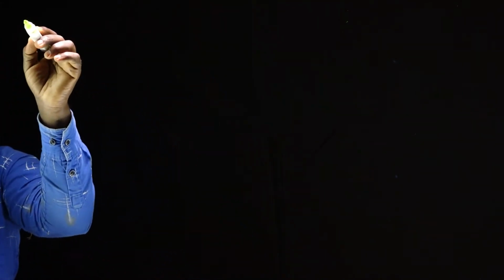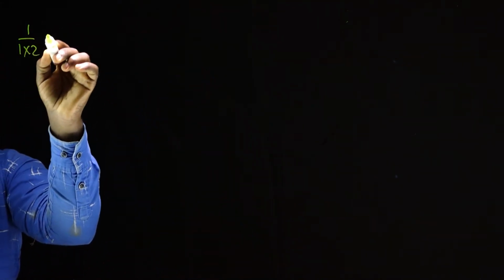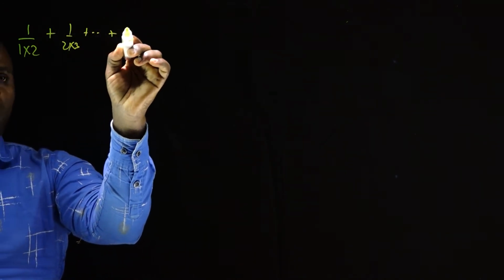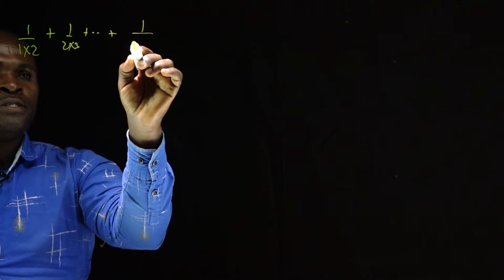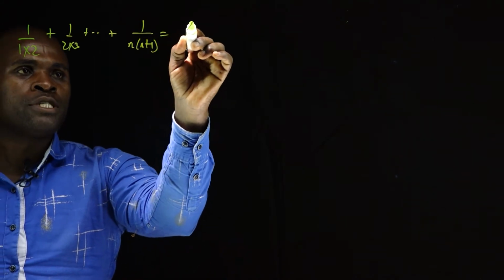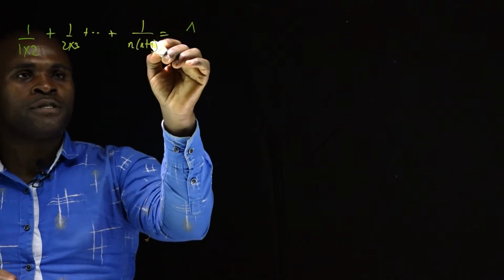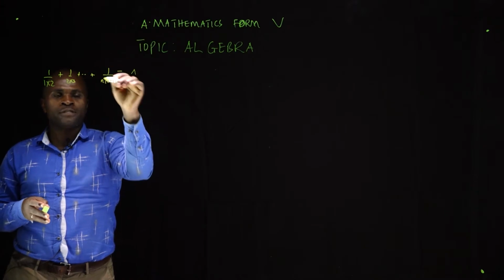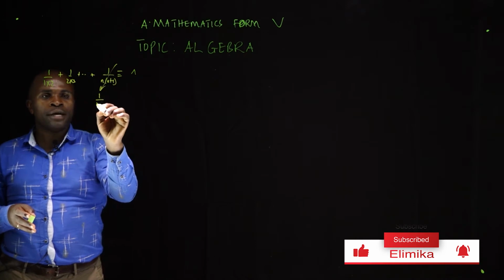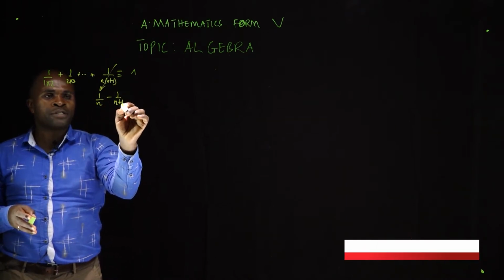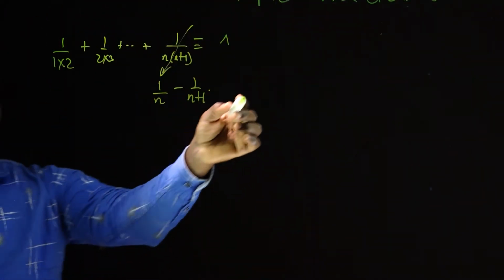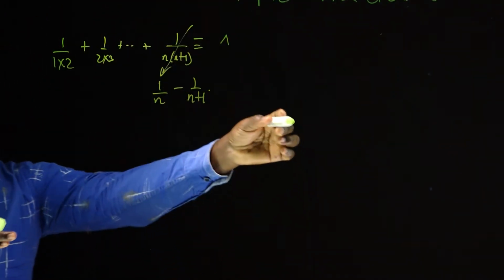It was just from 1 over 1 times 2, 1 over 2 times 3, plus our partial fraction, which is 1 over n minus 1 over n plus 1. So we want to find the sum of the series, and our series was just taking the sum to infinity.